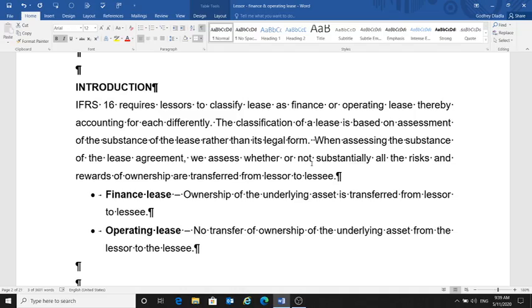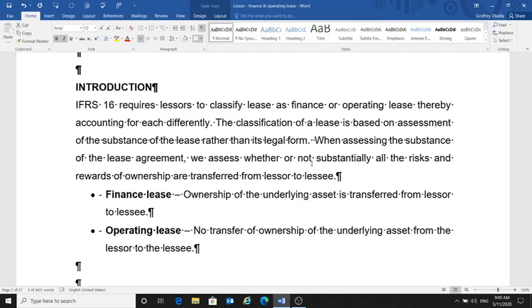Now, under an operating lease, the transfer of ownership doesn't happen. It's just like a student and TUT. At the end, TUT will never say, we give you the room, it is now yours. You own it. No, the transfer of ownership doesn't happen.